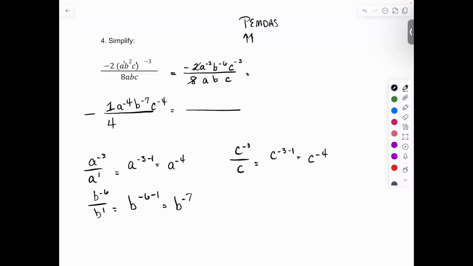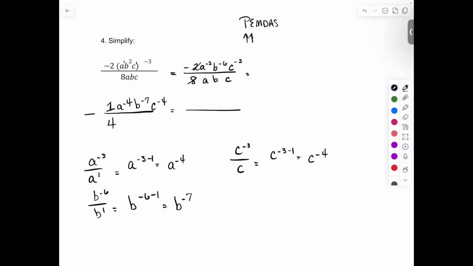And then we use our exponent rule where we have division. That means we take our top exponent and subtract the bottom. Watch your positives and negatives. -3 minus 1 is ultimately -4. -6 minus 1, ultimately -7. And for the C term, we have -3 minus 1, of course, again, we get -4 here. So just be careful of that.